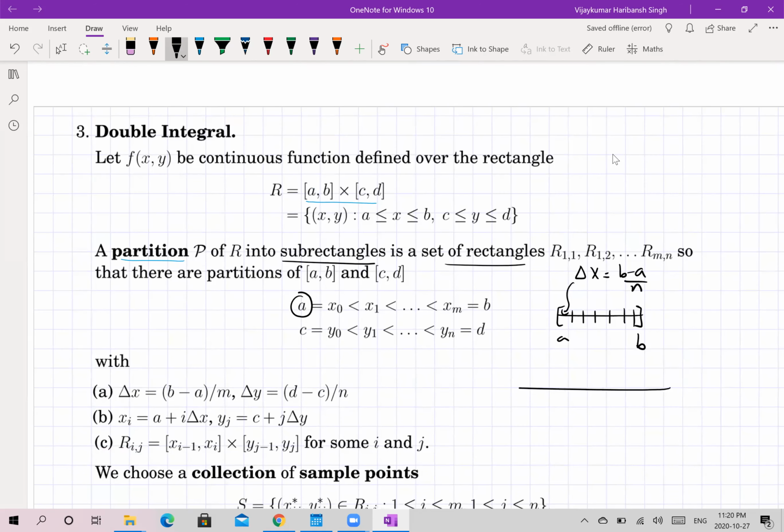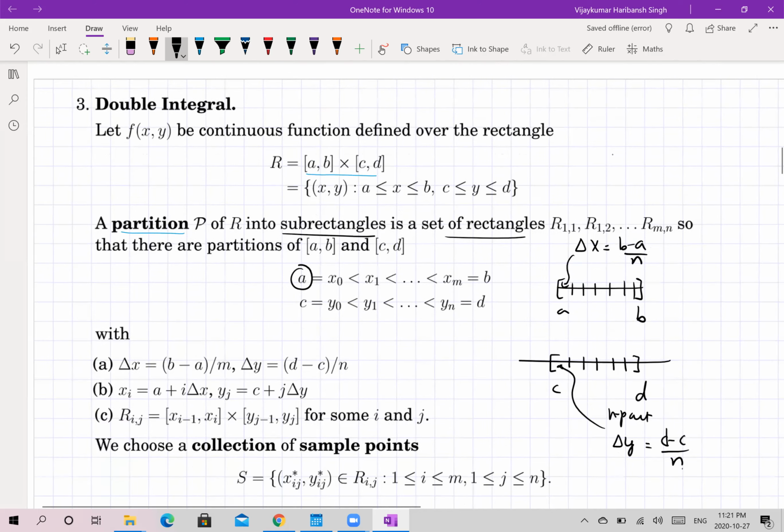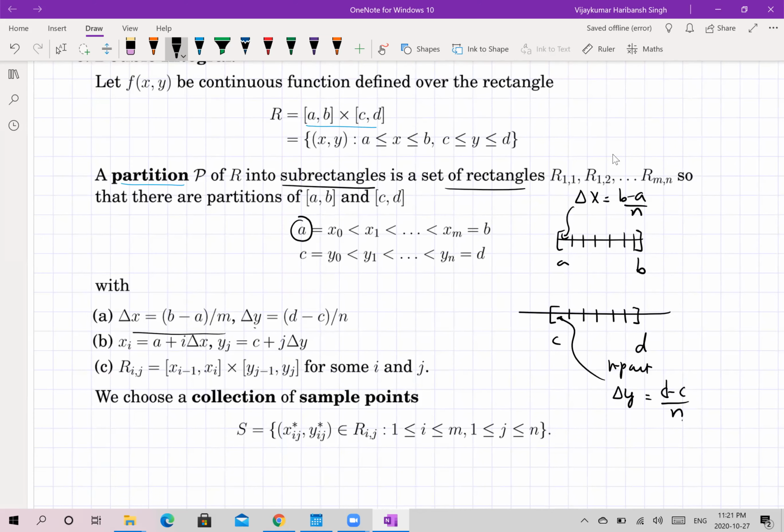Similarly, your y is divided from c to d into n parts, and each has width delta y, which is (d minus c) over n. So we get delta x equals this, delta y equals this, and xi is a plus i delta x, yj is c plus j delta y.